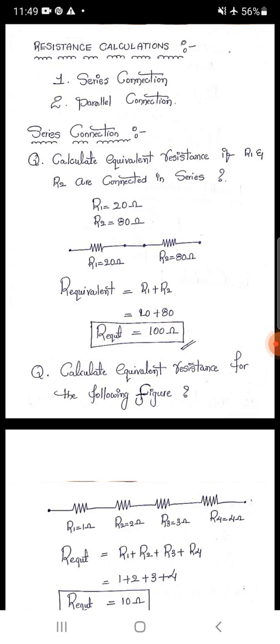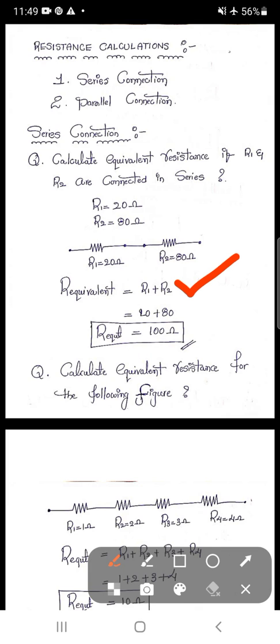Since R1 and R2 are both connected in series, R equivalent is equal to R1 plus R2. Here R1 is 20 plus R2 is 80, so by adding these two, we get 100 ohms.